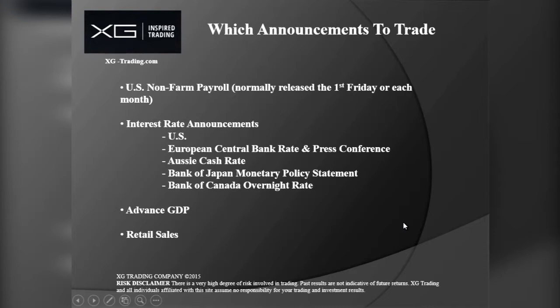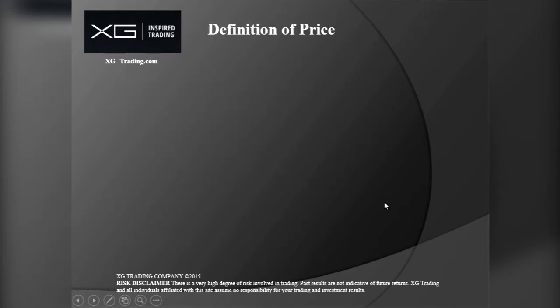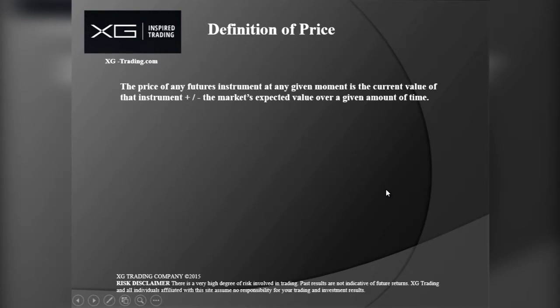Now, before we go into the charts and learn my strategy, we need to look at the definition of price in order to get a real grasp for why my strategy works. The price of any futures instrument at any given moment is the current value of that instrument plus or minus the market's expected value over a given amount of time.